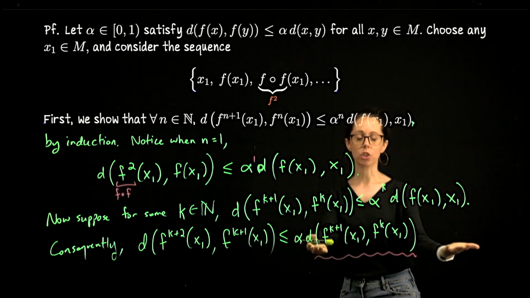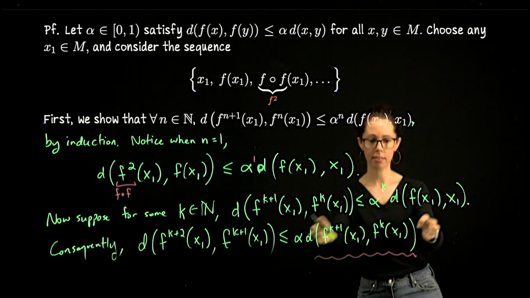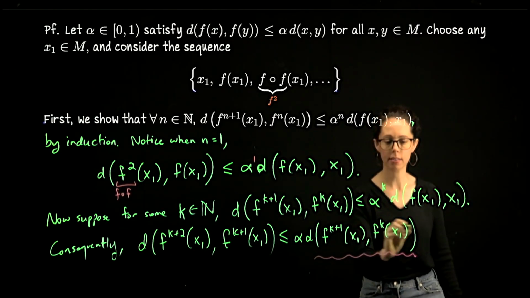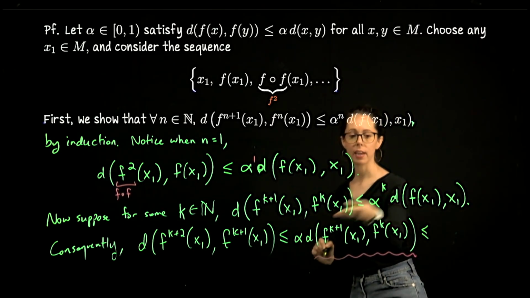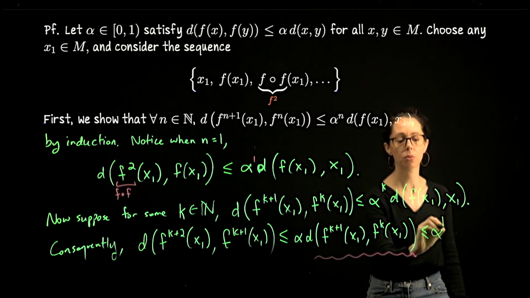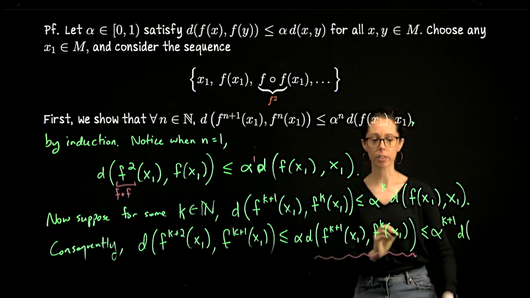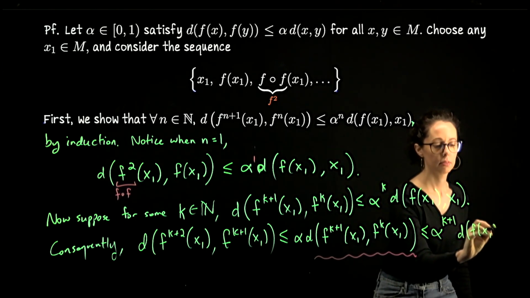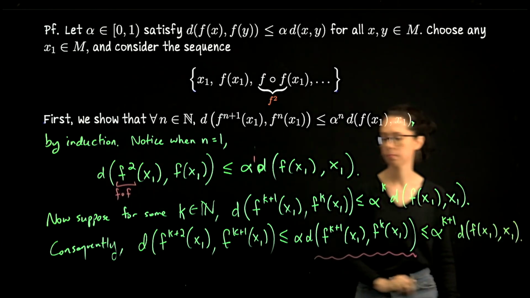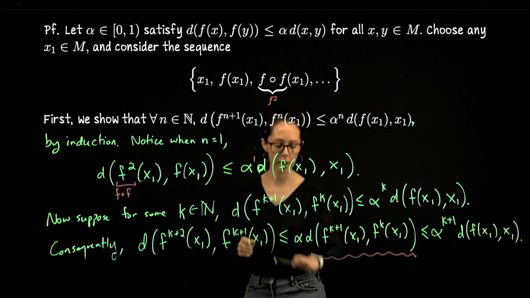So I can just immediately jump to replacing this with this and going up in size. So alpha times alpha to the k is alpha to the k plus 1 times the distance between the second term and the first. And that's what we wanted to show, so let me stop the induction there.